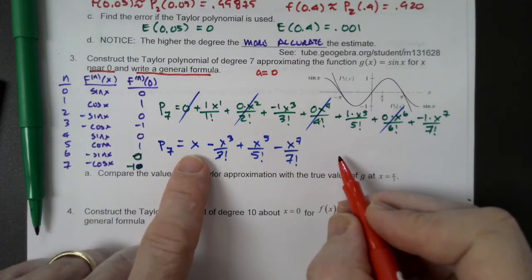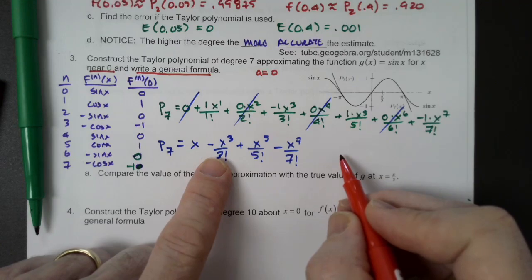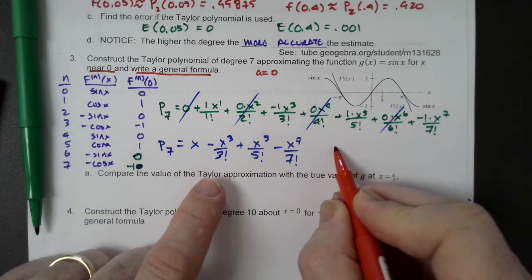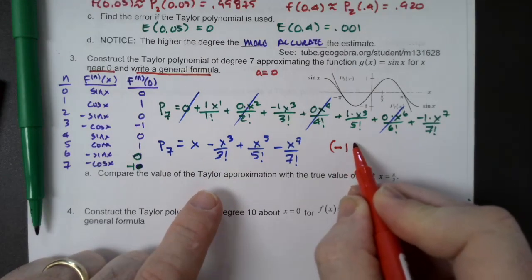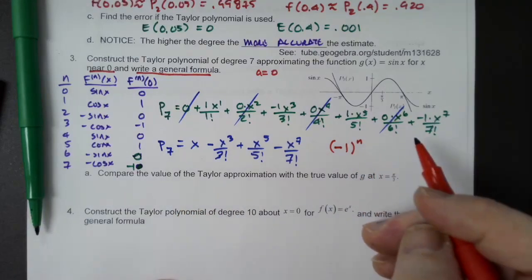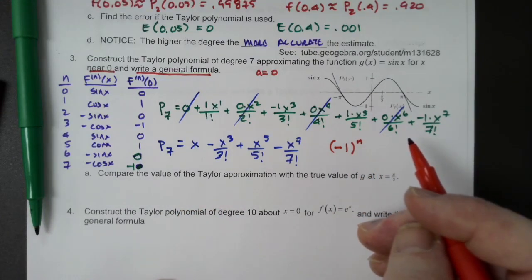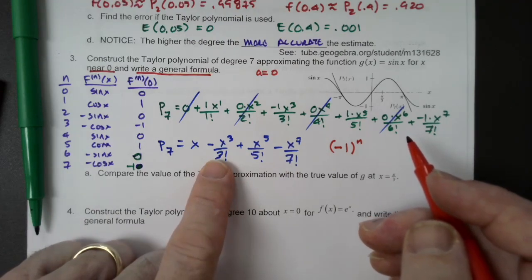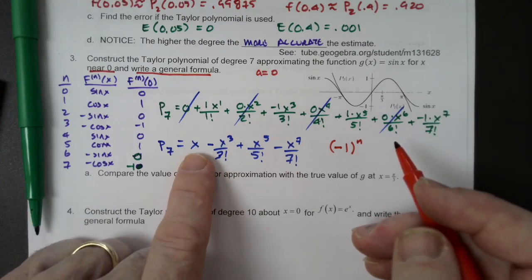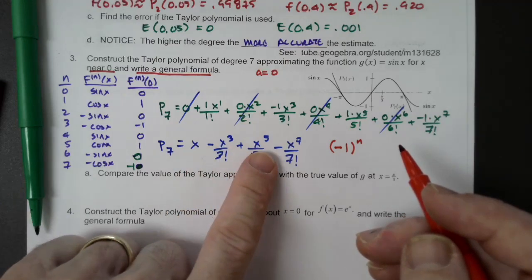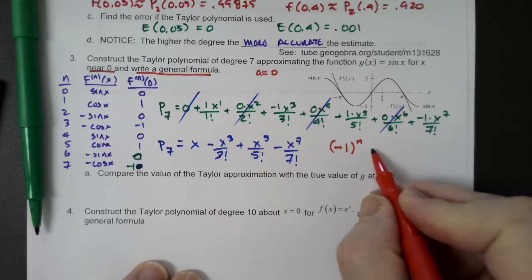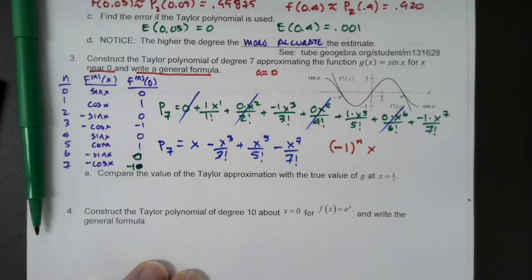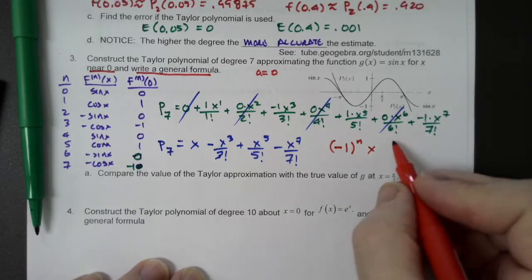You'll see that it does alternate here, doesn't it? Which means I need to have a negative 1 to the nth power. And then this is 1, then 3, then 5, then 7. So it's actually going to be an x to all the odd numbers.